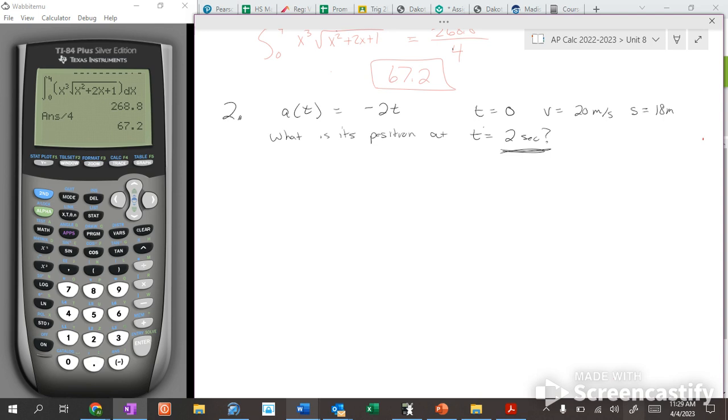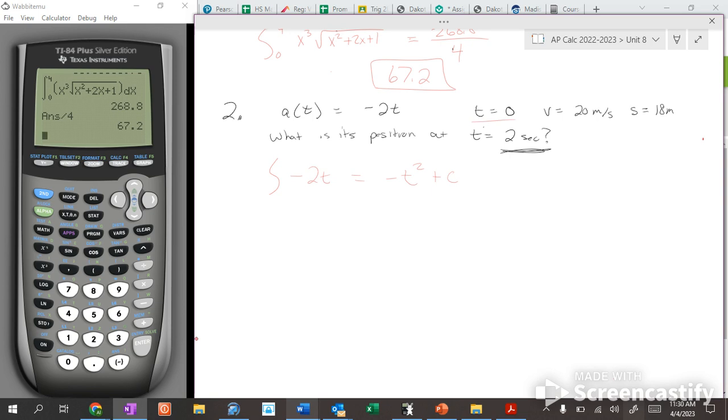Well, if we're given acceleration, what do we have to do to get back to position? We have to integrate it to get to velocity, and then integrate that to get back to position. So if we integrate negative 2t, we get negative t squared, right? Plus c.